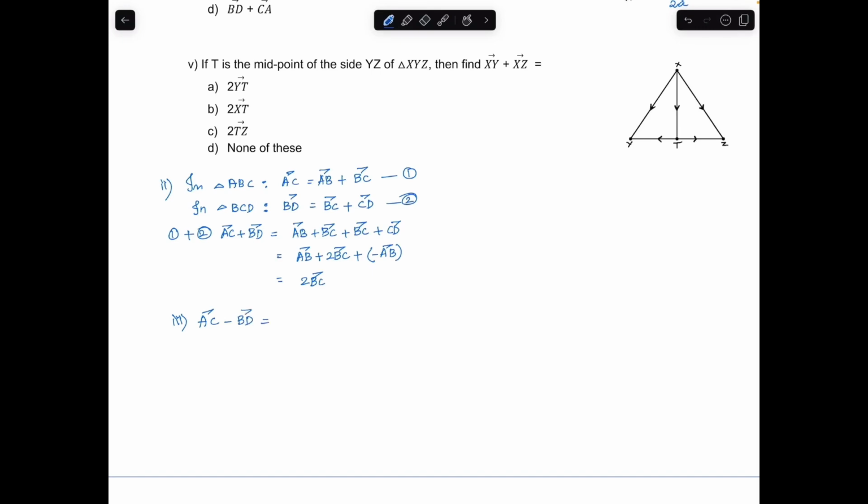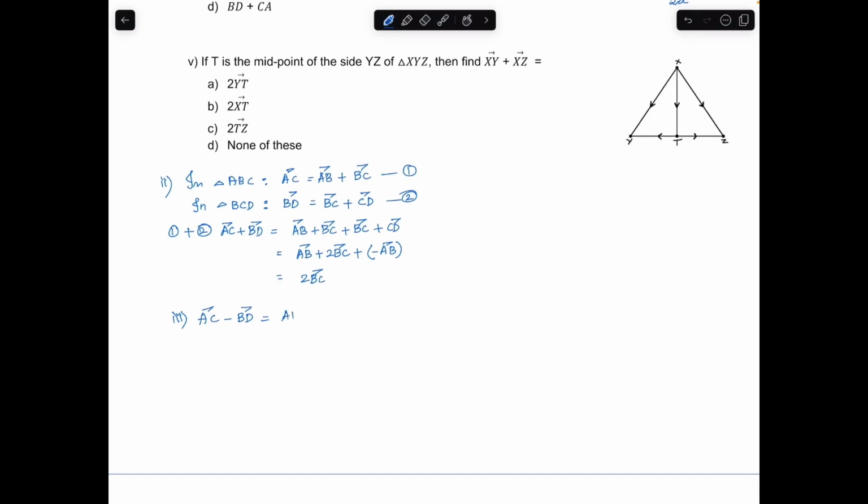We have taken AC in the previous subdivision: AC is AB plus BC, minus BD, which is equation 2 in the previous subdivision, BC plus CD. Opening the bracket, we get AB vector plus BC vector minus BC vector minus CD vector. BC and BC go away.